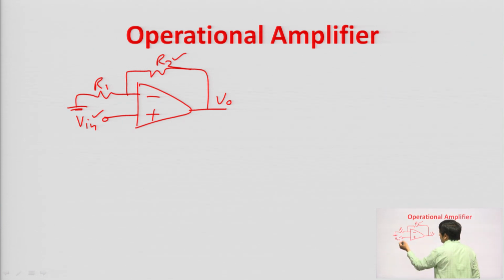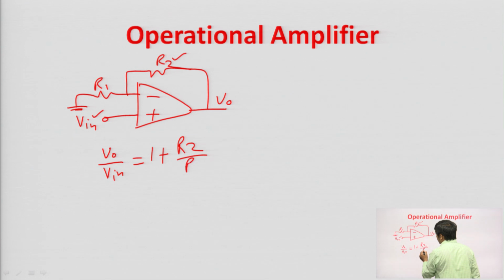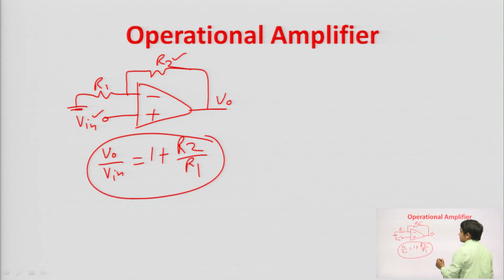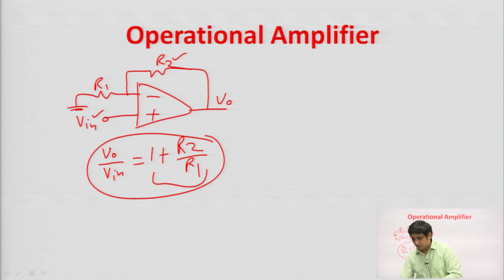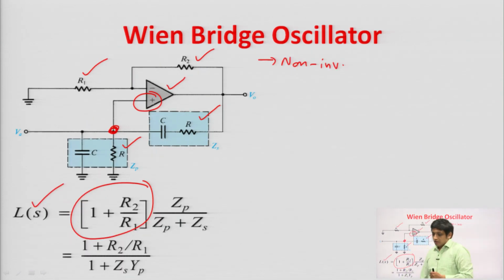When we calculate the gain of this non-inverting amplifier, we get 1 plus R2 by R1. You will do this derivation in the last unit. At this moment just use this expression 1 plus R2 by R1, and obviously the gain is positive because it is a non-inverting amplifier, fine.